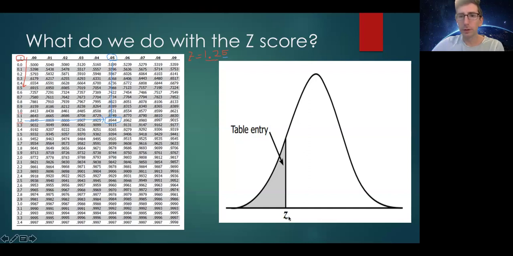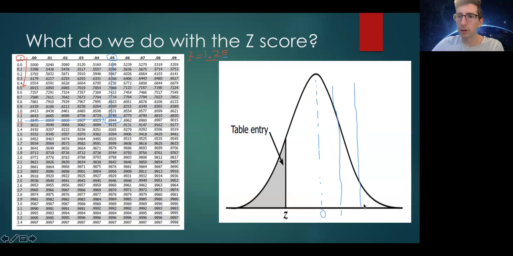So the z value that we found in our example, remember this is a standard normal distribution, so it's got a mean of 0, a standard deviation of 1.